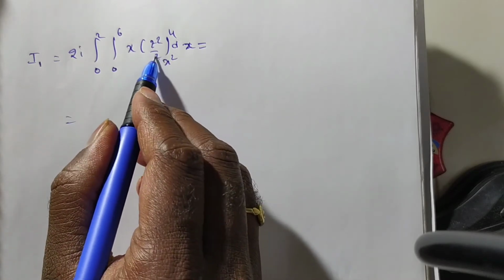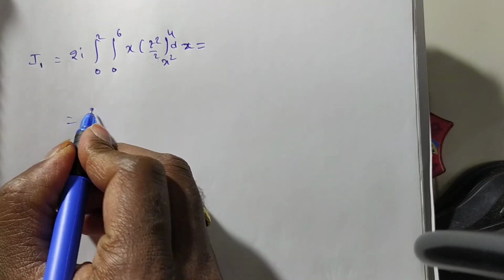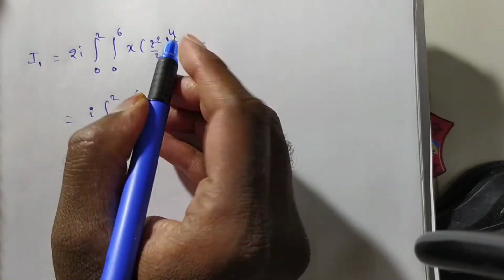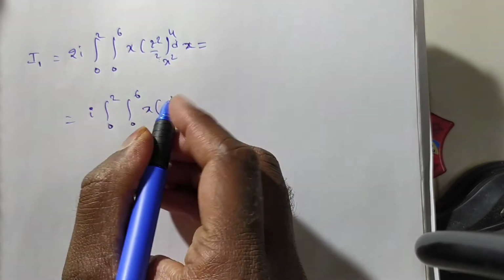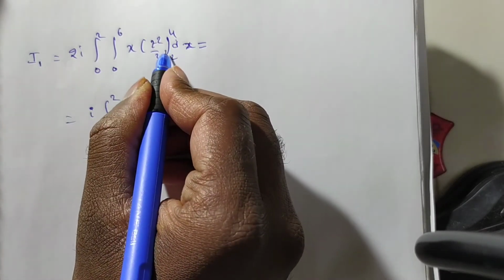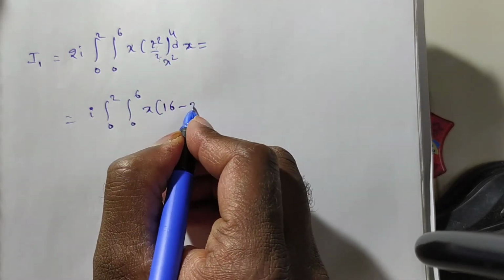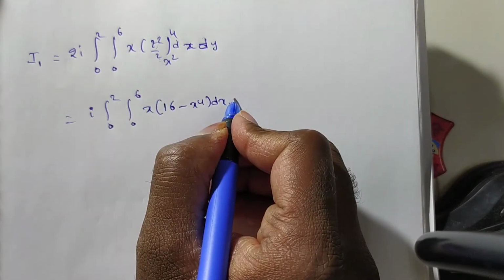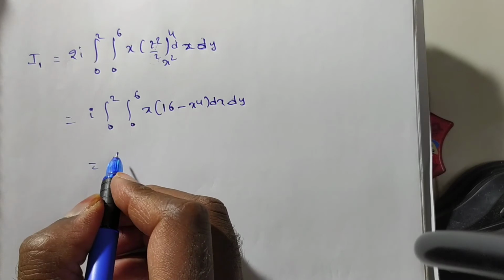The denominator 2 is a constant, you can take it to the left side, then the 2s get cancelled, then i times the integral 0 to 2, integral 0 to 6, x times: if you substitute the upper limit, then you will have 4 square, which is 16, minus the lower limit, if you substitute x square, then x square whole square is x to the power of 4, into dx dy.